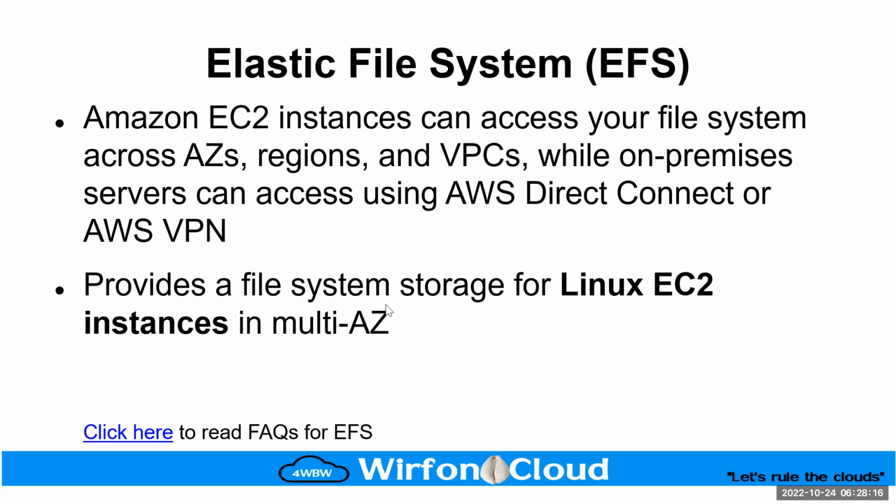It provides file system storage for Linux EC2 instances in multi-AZ. This is important to note, for Linux EC2 instances. If you want to read more, there's a link here to read more on EFS.